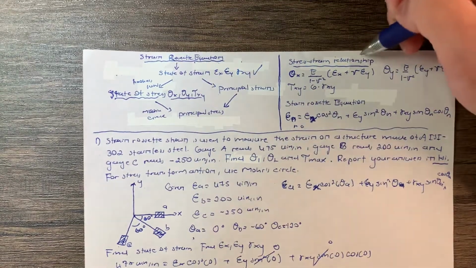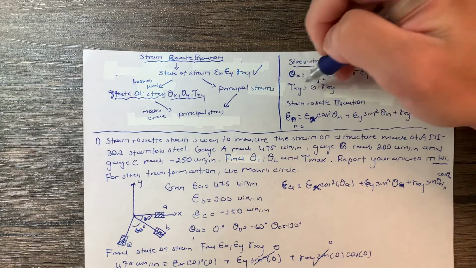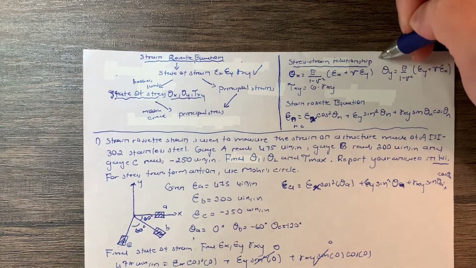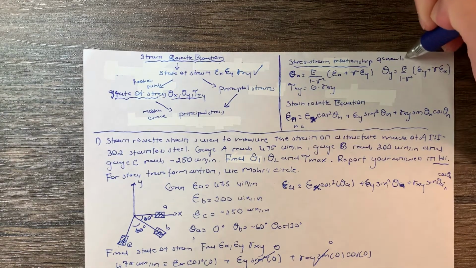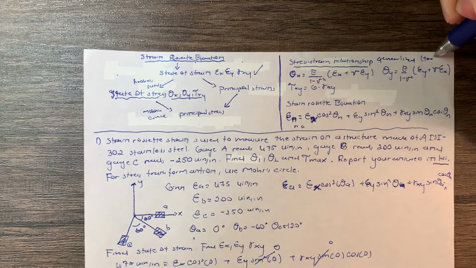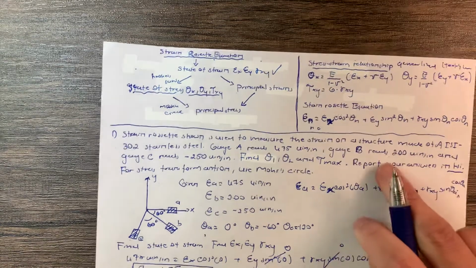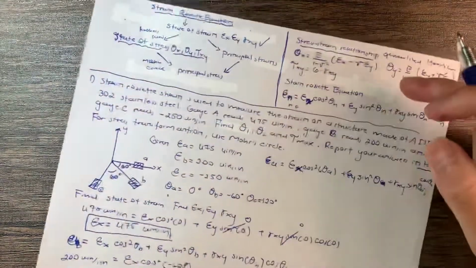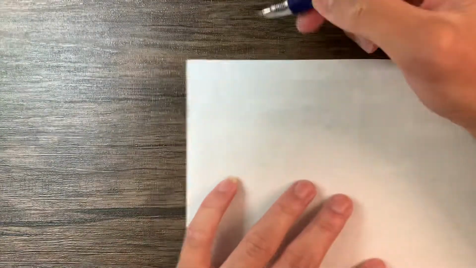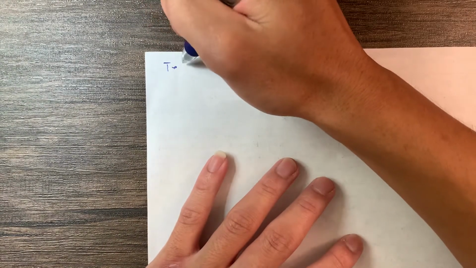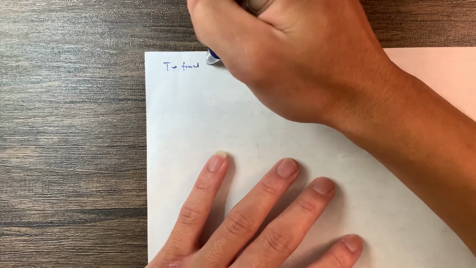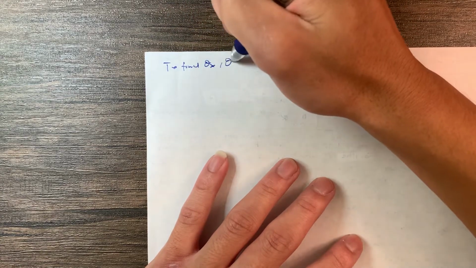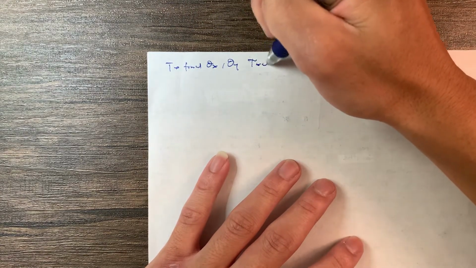So this is an equation for the generalized Hooke's law that we'll be using. Right now we'll have to find sigma x, sigma y, and tau xy.